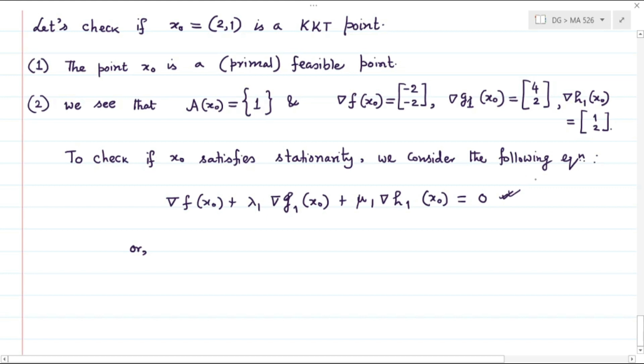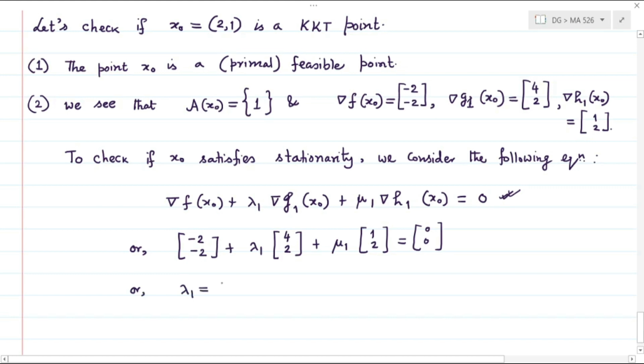Let us plug in the values of the gradients: (-2, 2) plus lambda 1 times (4, 2) plus mu 1 times (1, 2) is equal to (0, 0).